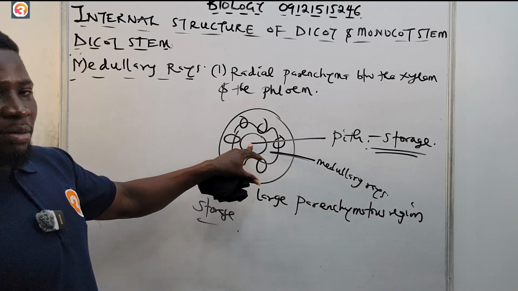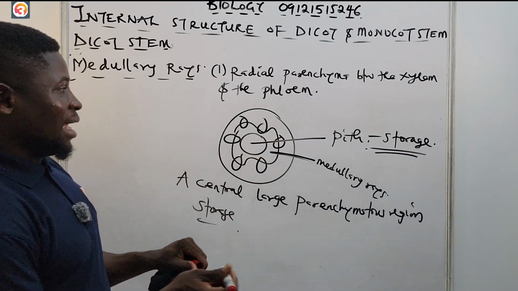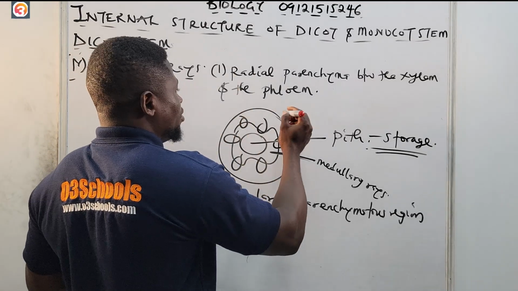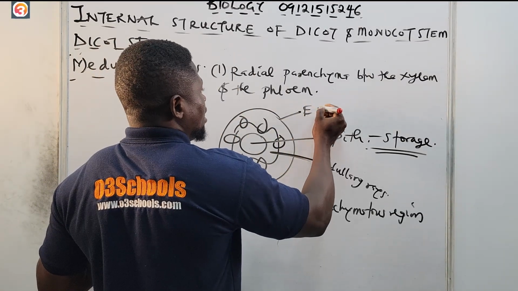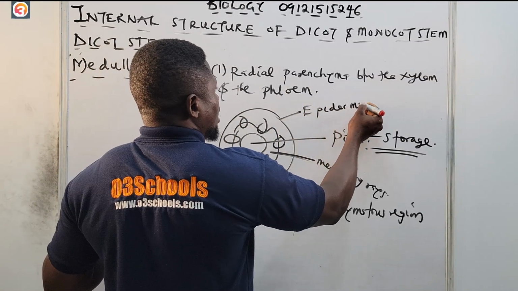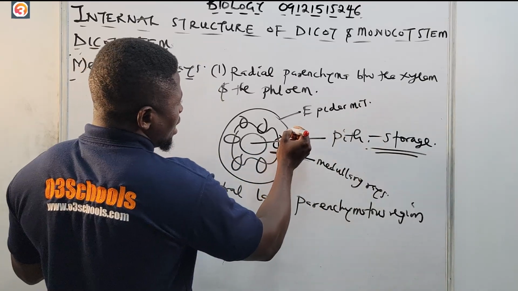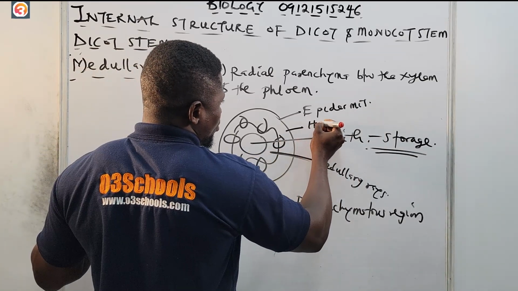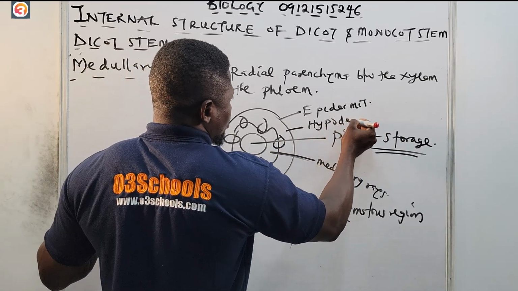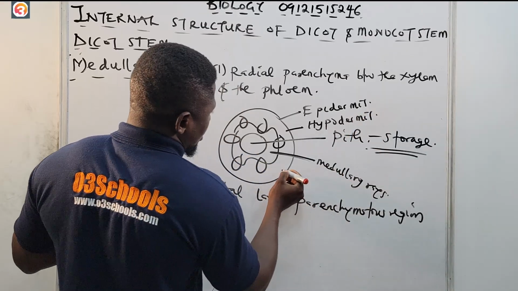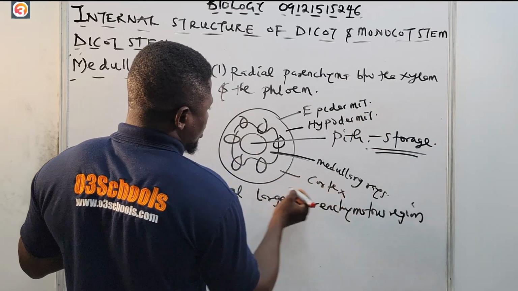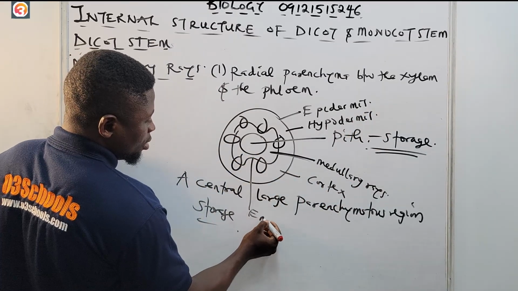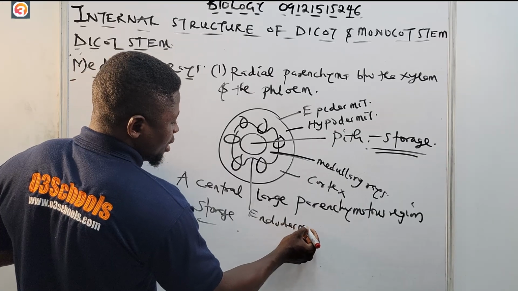You can see the location of the pith. Can we name some of the parts of the dicot stem before we round up? This one is the epidermis. Then we have the hypodermis, the cortex, and the endodermis.